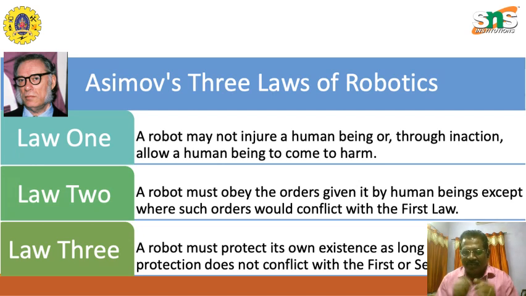For example, in the movie Enthiran, the second robot was programmed to go and kill other people. That kind of thing is not welcomed, and it is against the law. A robot must protect its own existence as long as this protection does not come in conflict with the first and the second law.